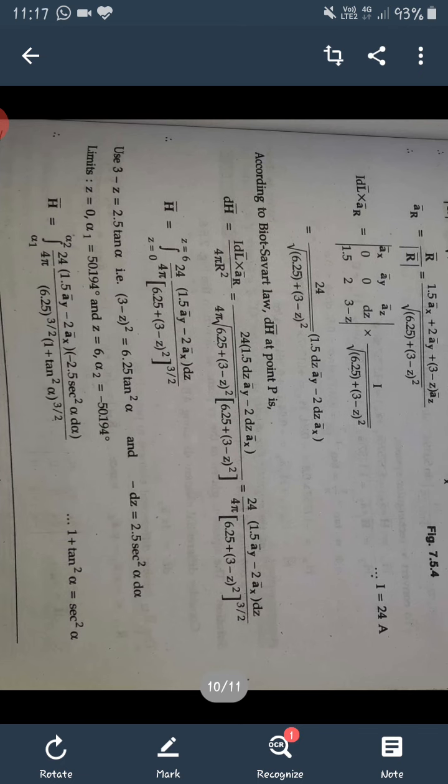Now use 3 minus z as 2.5 tan alpha. Then 3 minus z square equals 6.25 tan square alpha and minus dz is 2.5 sec square alpha.